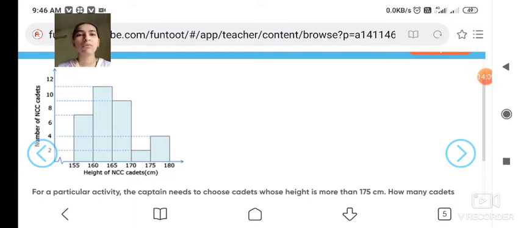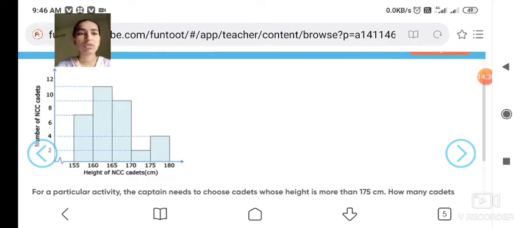You have to take the frequency. Always take frequency on the vertical line. Okay students, how many are there? That means the number of students, or number of candidates, whatever is given, all of that you have to take on the vertical line.